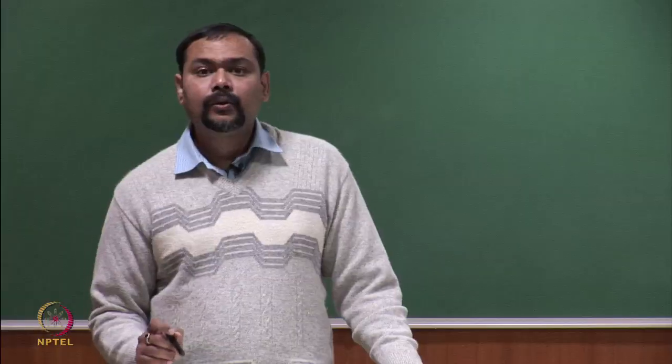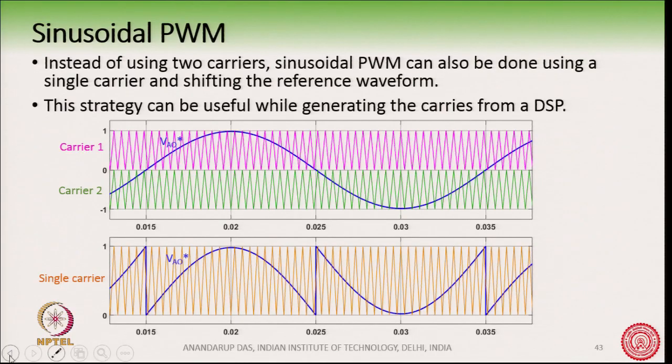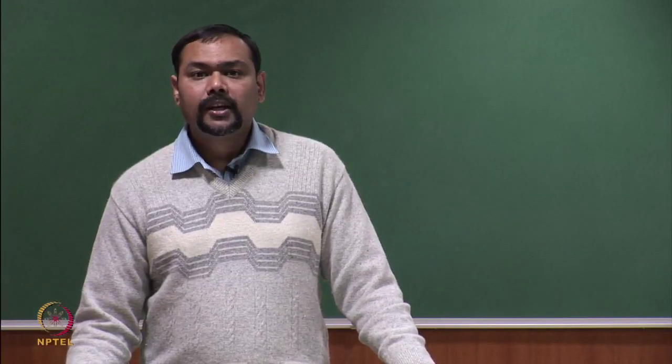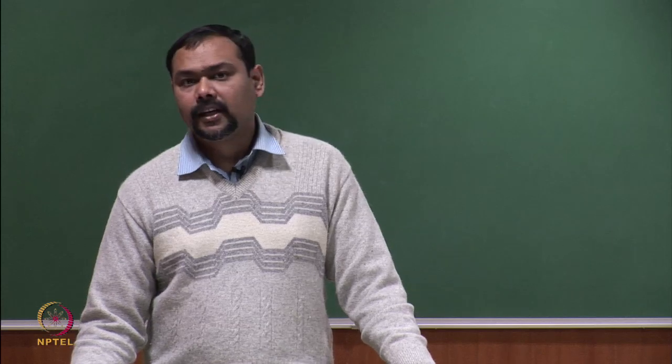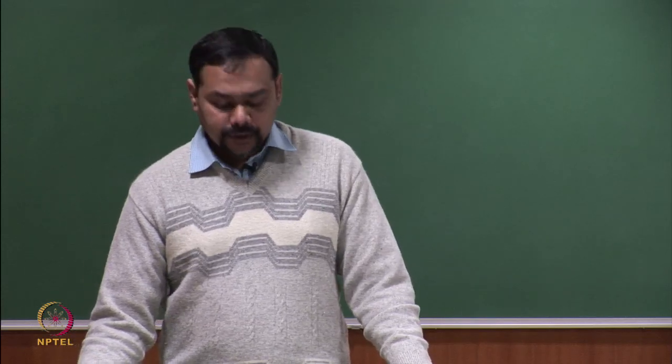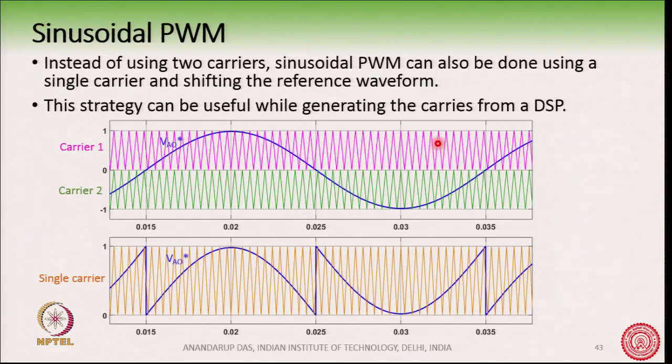So, before I go into space vector PWM, I would say that instead of using 2 carriers, it is possible to use a single carrier also. You can see here there are 2 carriers, but you can also have a single carrier, right. So, it is useful while generating the carriers from a DSP, because then we will need one carrier from the DSP.